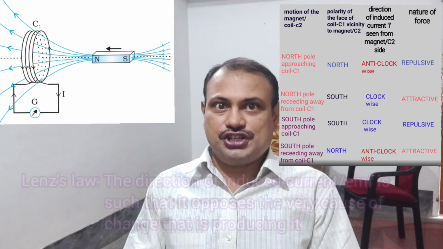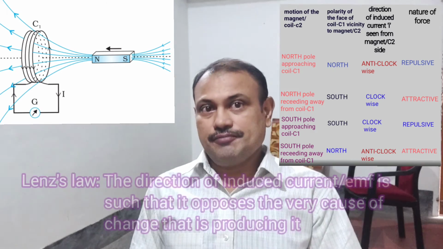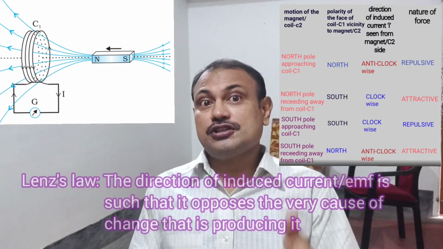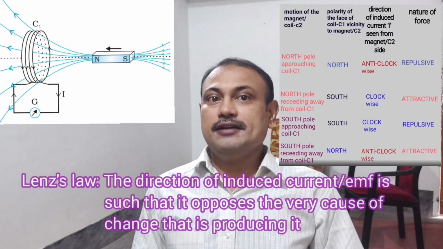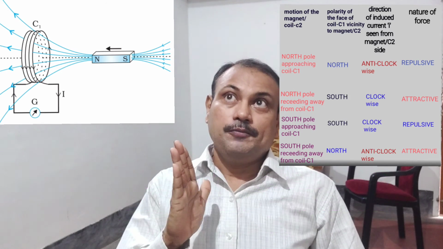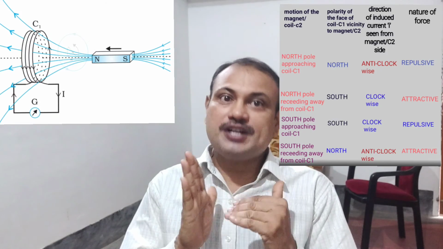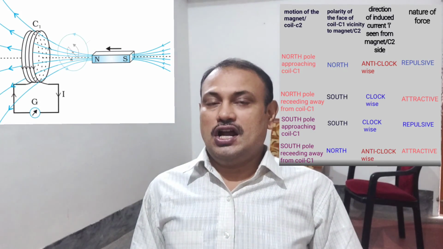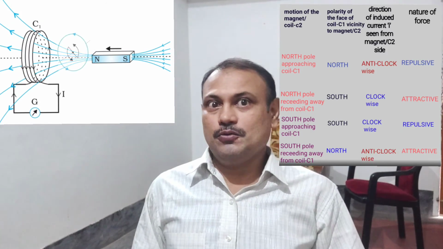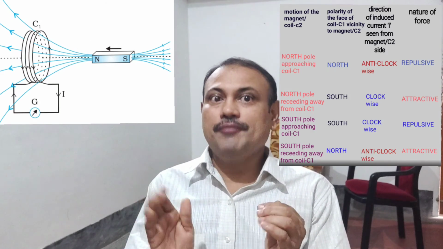Lenz's law says that the direction of induced current is such that it opposes the very cause of the phenomenon, and therefore whenever the north pole is approaching, a north pole develops in the vicinity of the north pole, and that is possible by Lenz's law. Lenz's law confirms the direction of the current as we have seen, and the details of the quantitative discussions and more structural problem solutions we will discuss subsequently. Thank you.